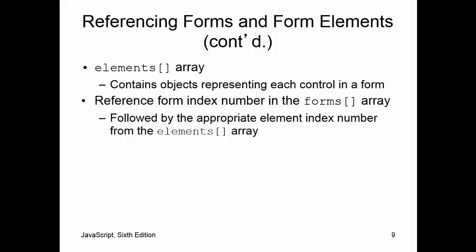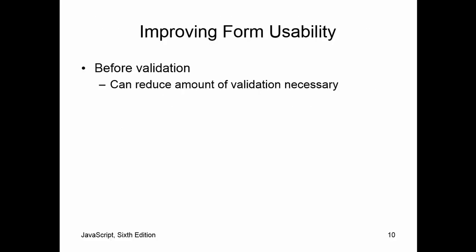Again, I believe at least much of this won't make very much sense until you've actually gone through and run through some examples of this. You'll notice that there is an elements array, which, as mentioned, contains objects representing each form control. And there's a forms array. These are all things that will make more sense when you start seeing different examples.